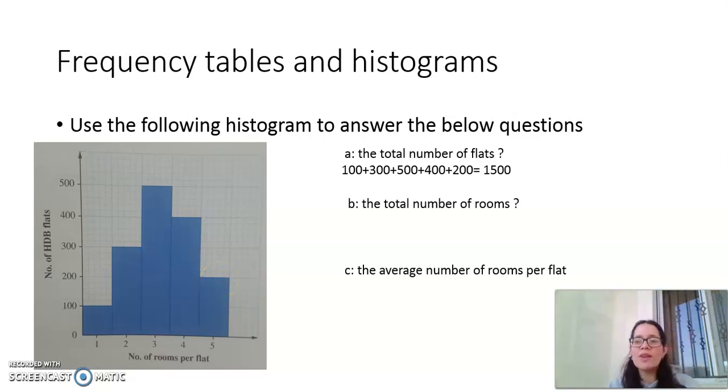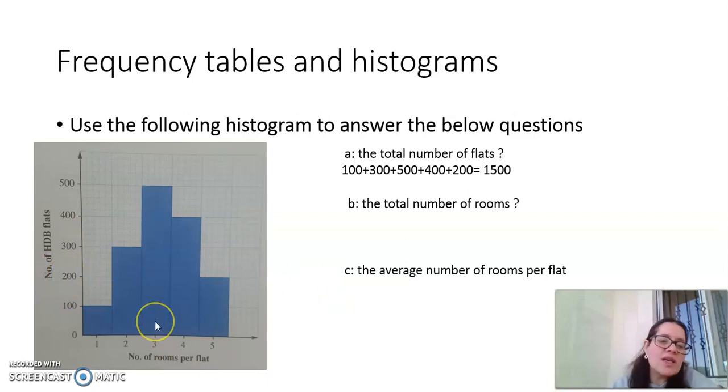So I have 1,500 flats because 1 room has 100 flats, 2 rooms 300 flats, 3 rooms 500 flats, 4 rooms 400 flats, and 5 rooms contains 200 flats.